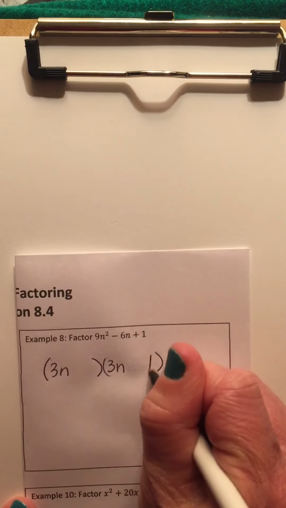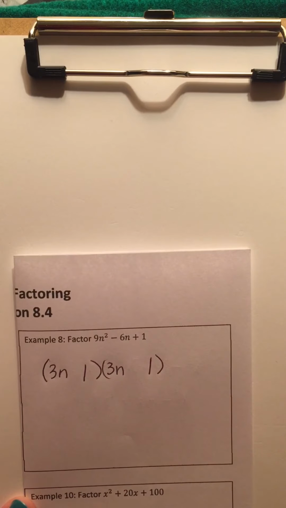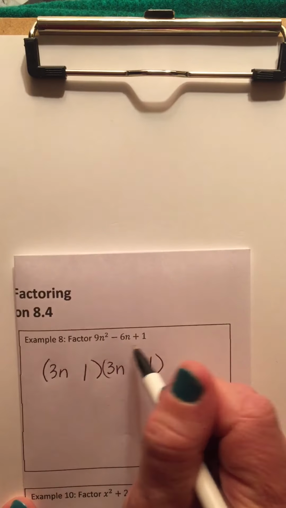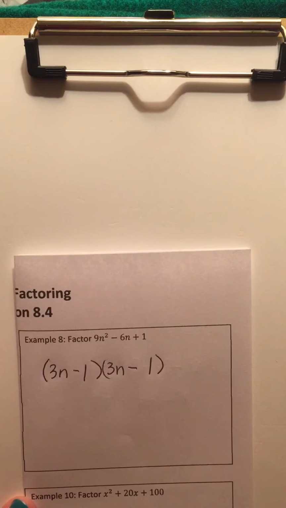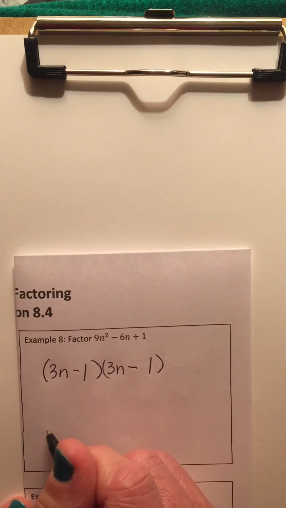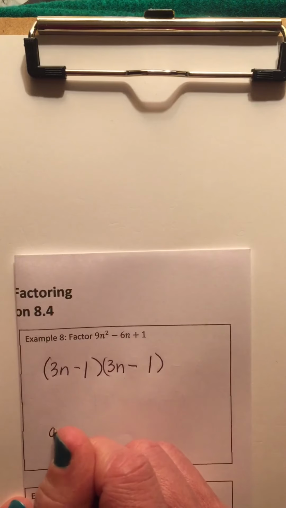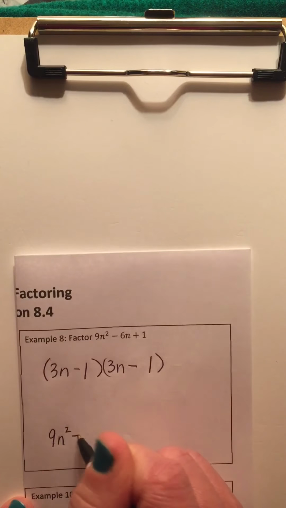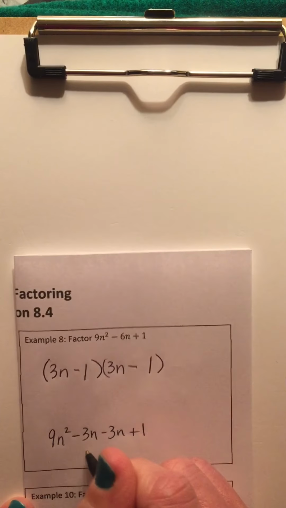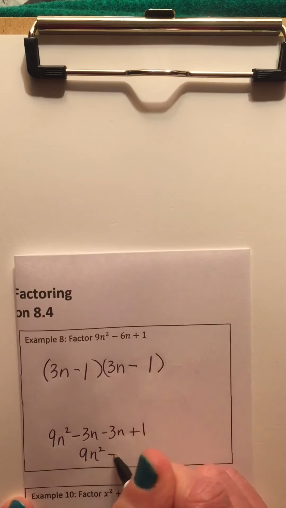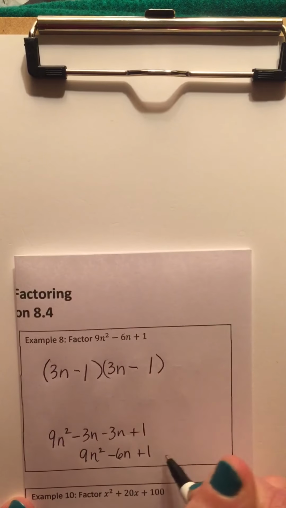Multiplying to 1, we will have 1 and 1. To have a positive 1, we need 2 negative signs. So 3n times 3n is 9n squared, minus 3n minus 3n, plus 1. 9n squared minus 6n plus 1. Checks.